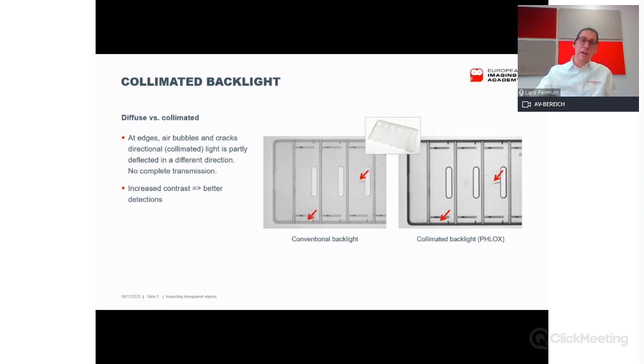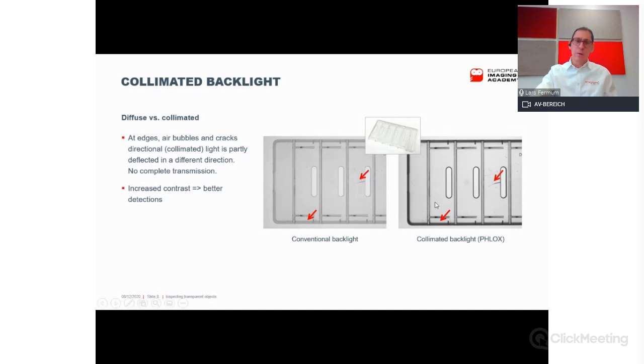In the picture on the left, I have taken a picture of a transparent component with a conventional diffuse backlight. And as can be expected, the contours, the scratches, the cracks are sometimes difficult to see in the resulting camera image.